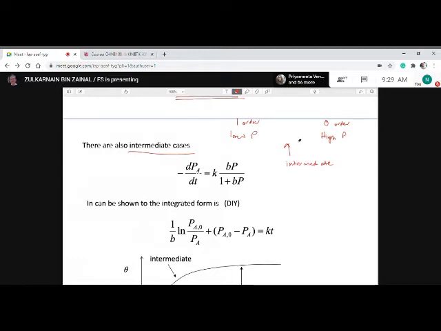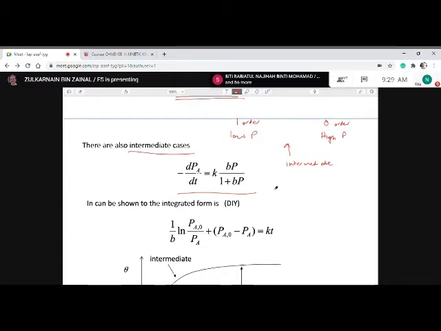So in between the high and low pressure, you have another one, which is not first order, not zero order, but actually a combination of both first order and zero order. At that stage, dPA/dt is equal to K times Bp over 1 plus Bp, the original equation.